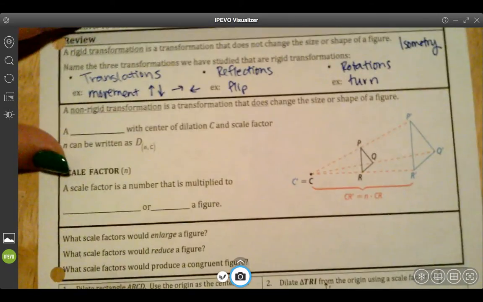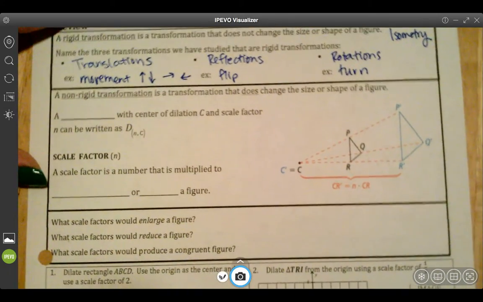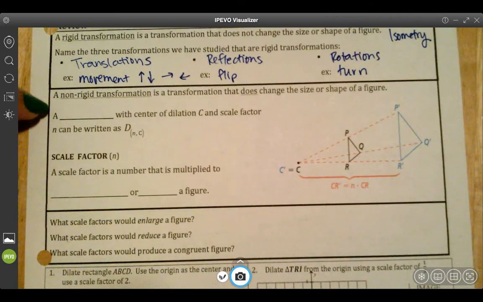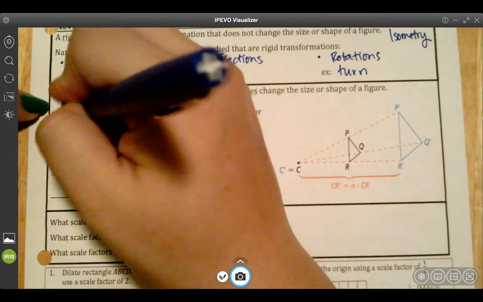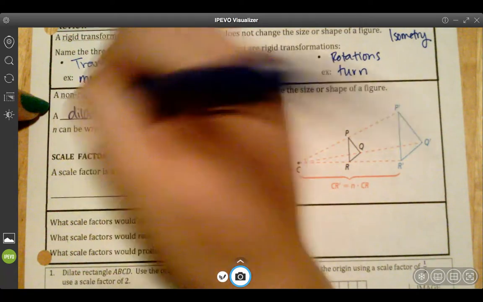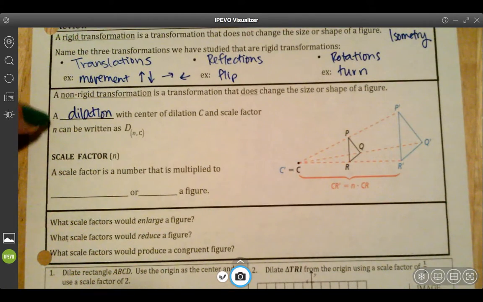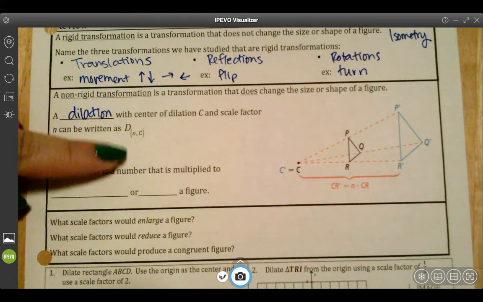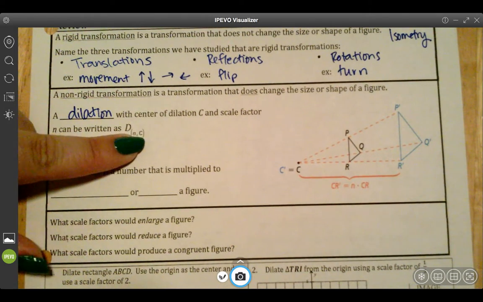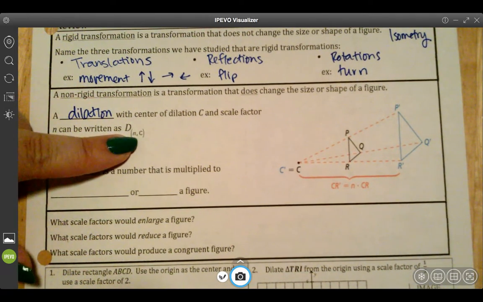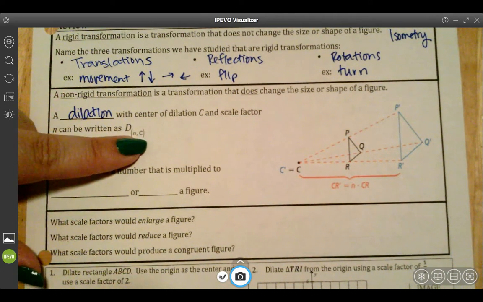A non-rigid transformation is a transformation that does change the size or shape of a figure. A dilation with center of dilation C and a scale factor of n can be written as dilation by n at C. This is how much it's changing, and this is where it's changing from.